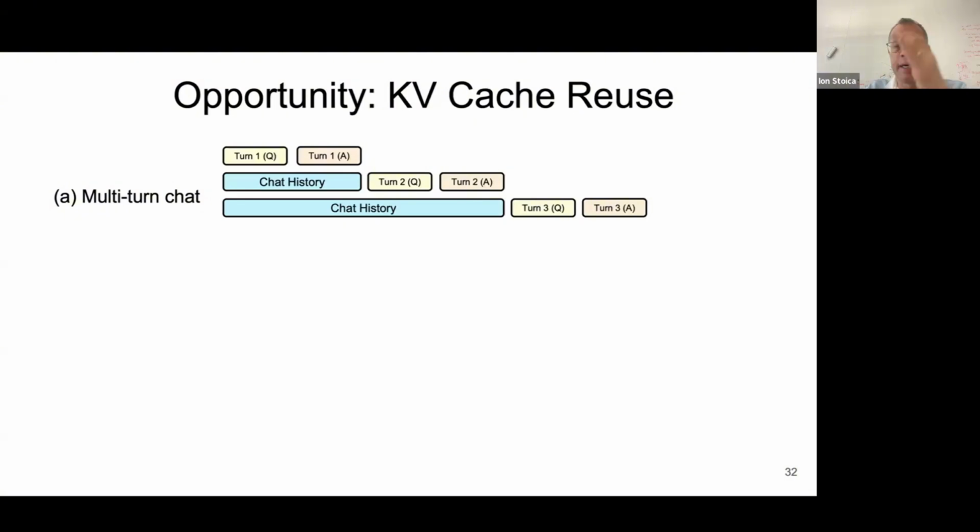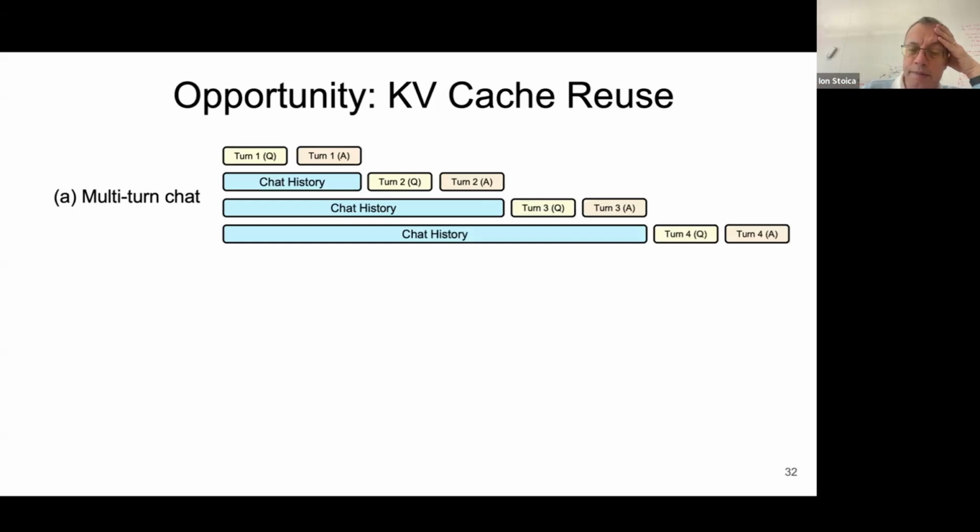One case is multi-turn chat. In multi-turn chat, for the next iteration, you feed the LLM with all the history, all the previous interactions, right? So just reuse the entire prefix, right?